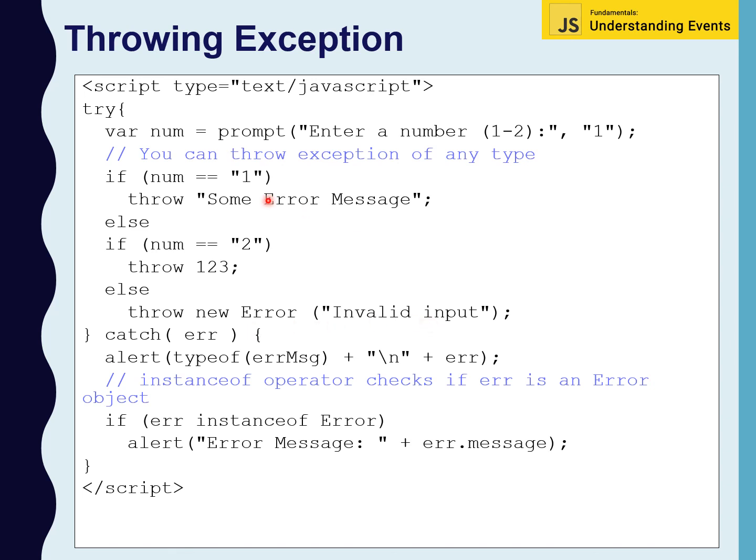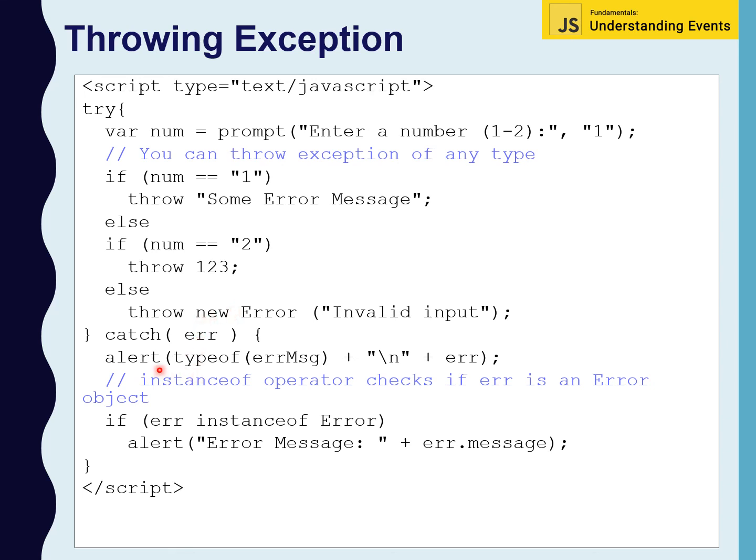If the user inputs 1, it will throw some error message. If the user inputs 2, it will throw 1, 2, 3. If the user inputs any other number, it will throw a new Error called invalid input. So whatever the user inputs, it will generate an error. Inside the catch, if an error occurs, the catch block will execute.